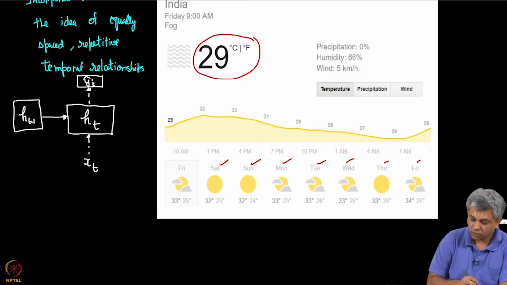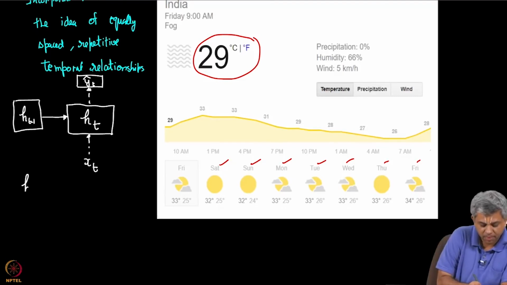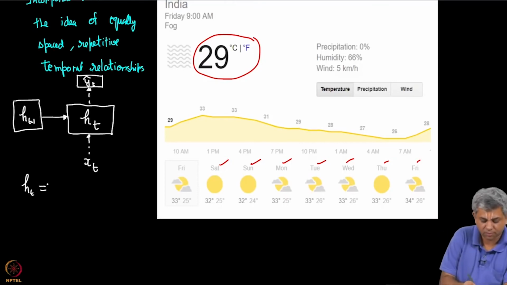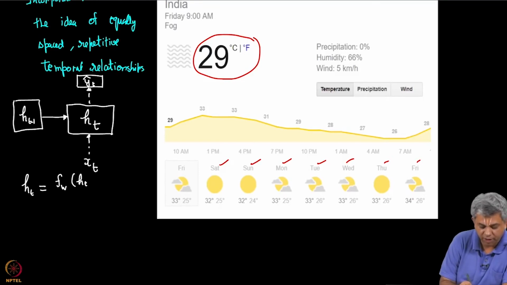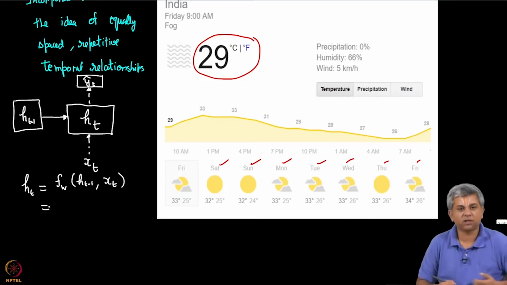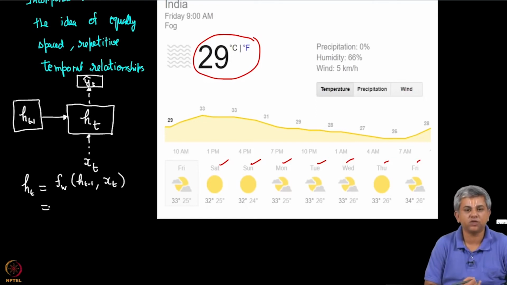Now, ht, as I wrote before, is a function, we will call this variously f, w, g, etc., of ht minus 1 and xt.